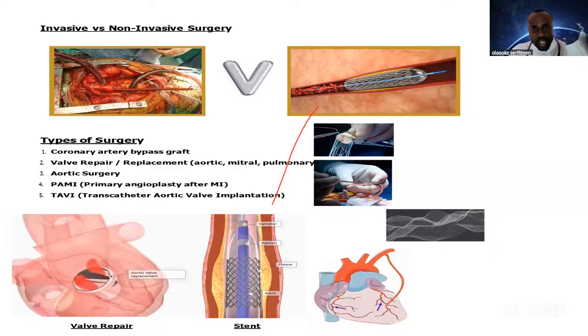So now, some other things we need to also be aware of. Maybe I just use this picture. Some other procedure you can find is a stent. This is a stent. A stent can also be passed from the groin. Let's say somebody has got, I talked about CABG the other time, a blockage somewhere in their coronary artery, they can pass this stent.